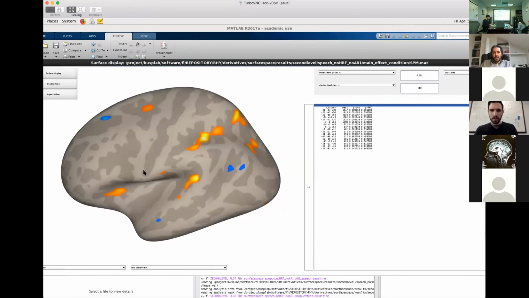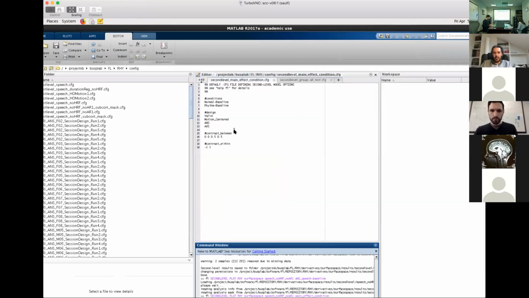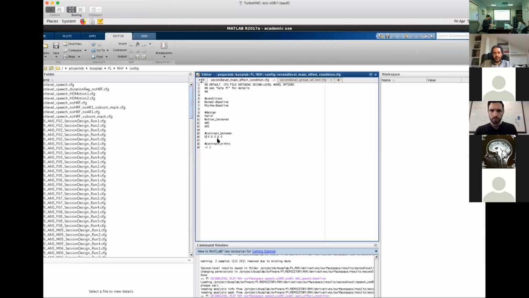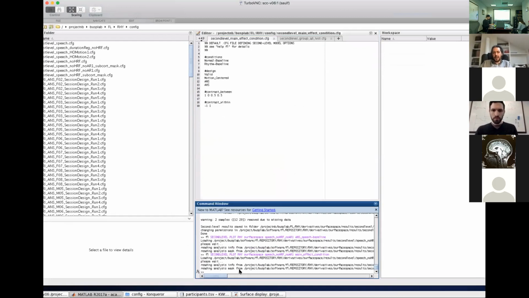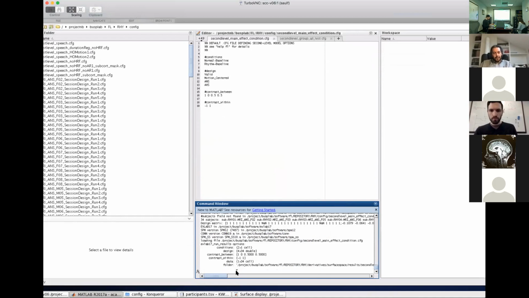Could you try one thing quickly, just in case that happens to show pretty much the same or similar results? In the contrast, instead of doing 0.5 0.5, do 1 0.5 0.5. Yeah, I'll just run it again. Here, you're interested in just the average across all subjects, right?